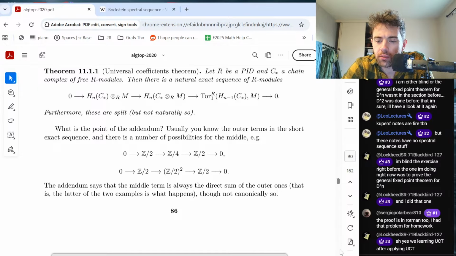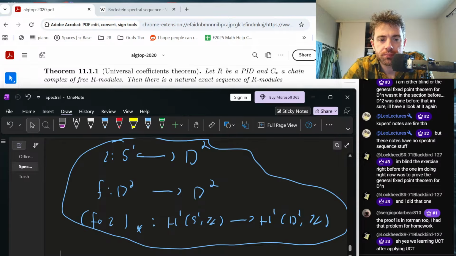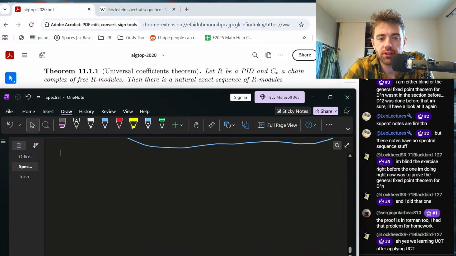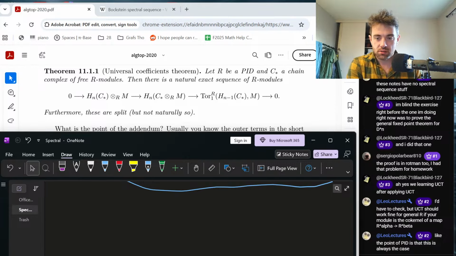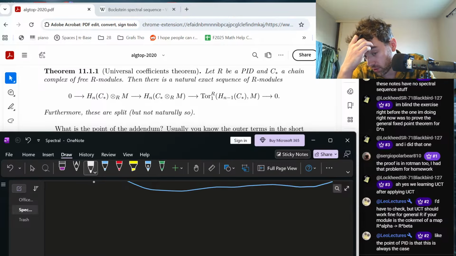Proof is in Rotman. Had the problem for homework. Well, learning, I don't think that's so crazy, Locke. I think sometimes it is good to learn about a powerful theorem and apply it first. Sometimes I think that is a valuable way to learn things. Learn how to use a tool. Most people learn how to drive a car before they truly understand how it works, right?